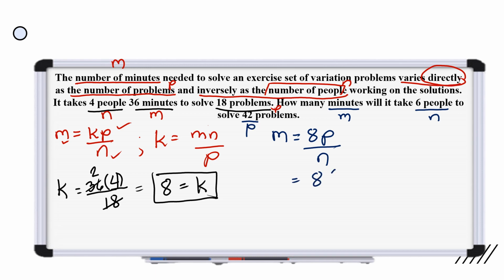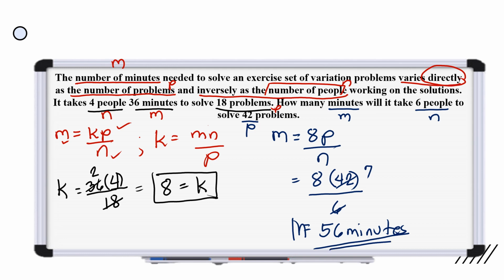So, 8 times P is 42 at ang ating N ay 6. So, yan, pwede ulit natin divide. 42 divided by 6 ay 7. And 8 times 7 ay 56. So, ang atin pong sagot for this is 56 minutes.